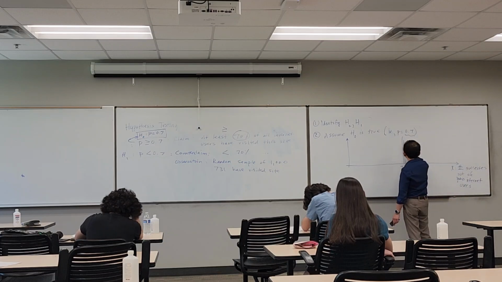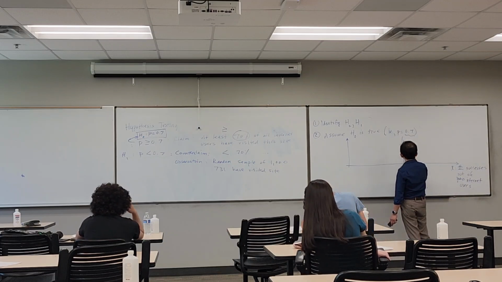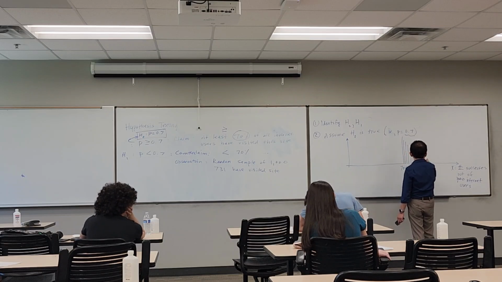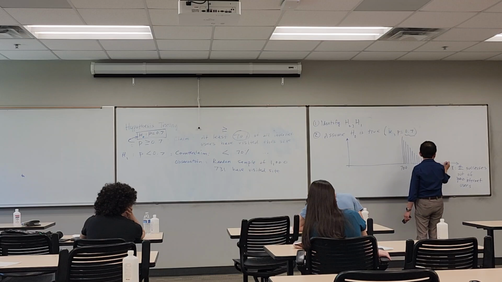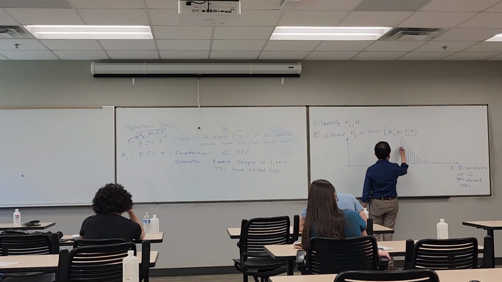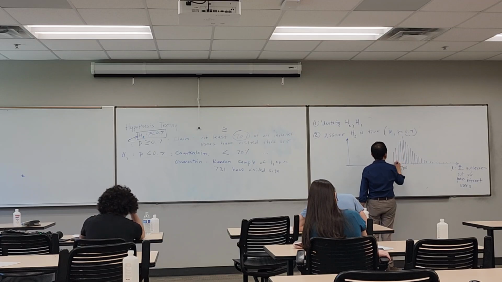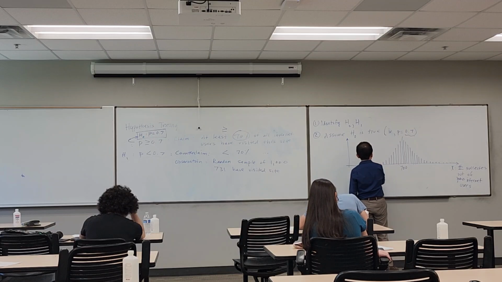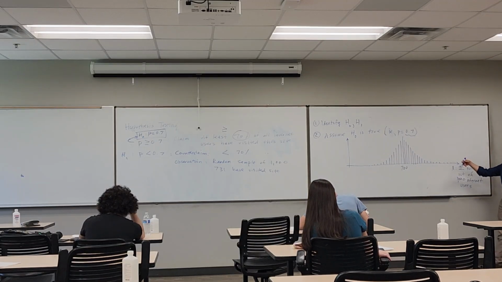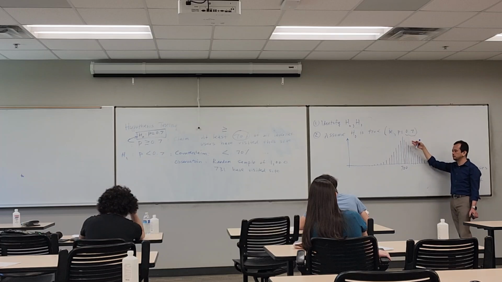As we move away from 700 in either direction, we'll see a distribution that tapers off, moving away from the mean of 700. So this is the visualization of this assumption that H0 is true and P really does equal 0.7.